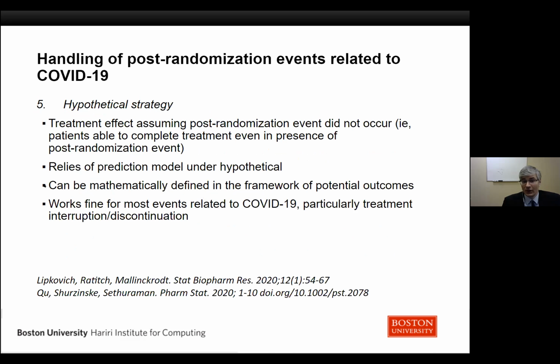So these methods, under this assumption, work based on prediction, we are developing a model to predict what would be the outcome if the intercurrent event did not occur. So formally, it can be completely defined in the framework of counterfactuals or potential outcomes. And it's probably a good strategy for most events related to COVID-19.